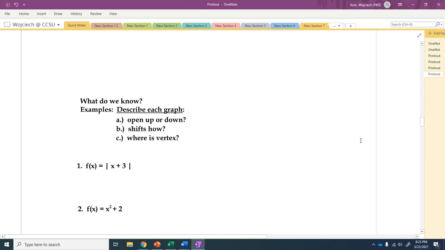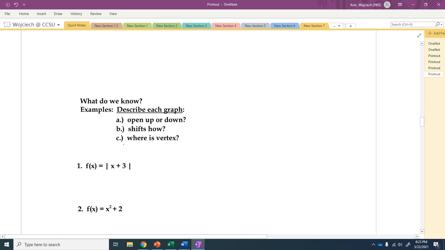All right, so probably the most important thing we can do in this video is actually look at some examples. What do we know? Okay, the question is whether it opens up or down, shifts how, where is the vertex, and I would like to add an additional question, actually question A: what about the parent function?